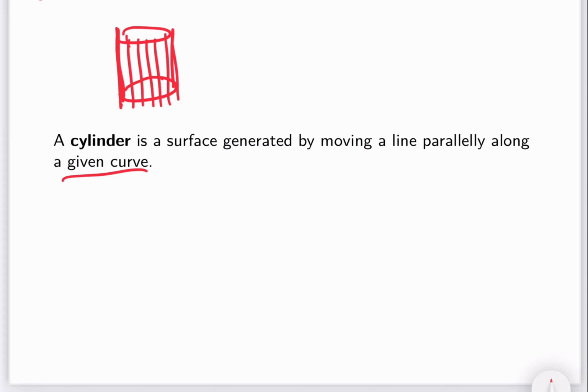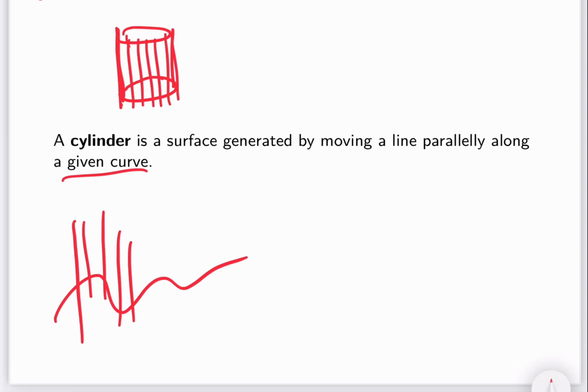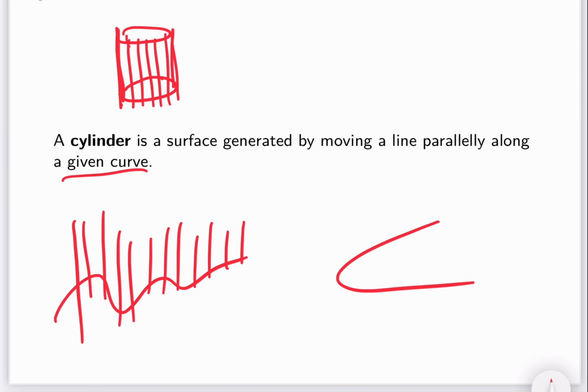So for instance, if I have a curve like this, then I have this line and I start moving this line all around this curve. Well, the surface that I obtain is also going to be called a cylinder. So in that way, we could have a cylinder given by a parabola, for instance, and so that will be all the lines here and all the lines here.